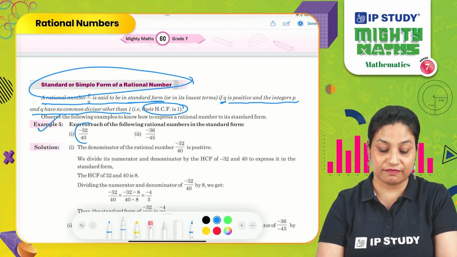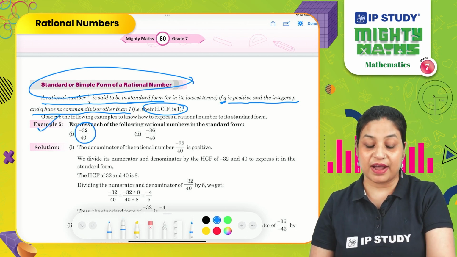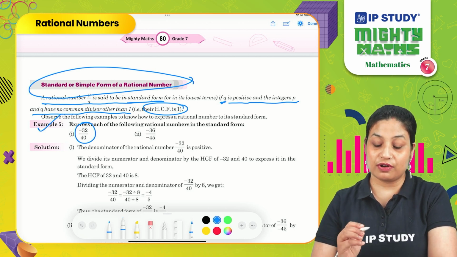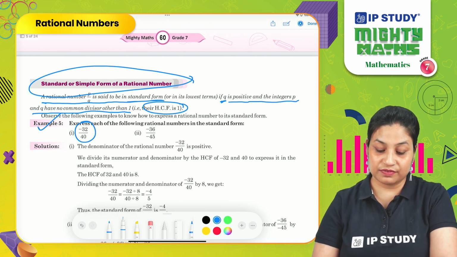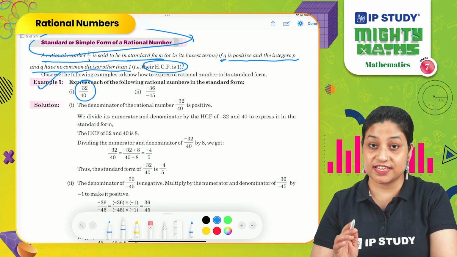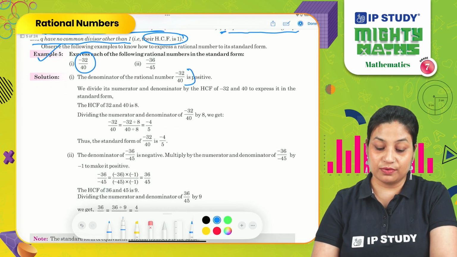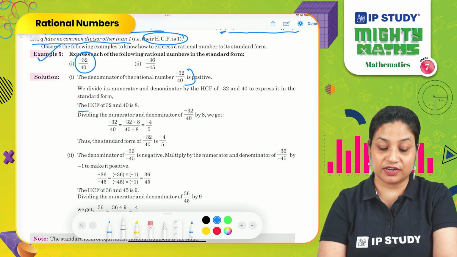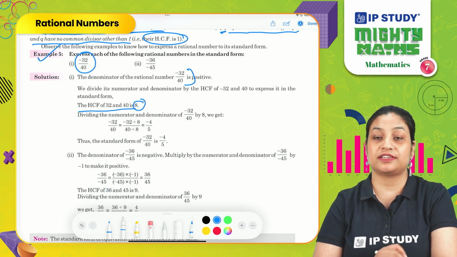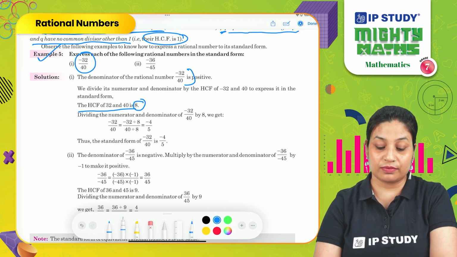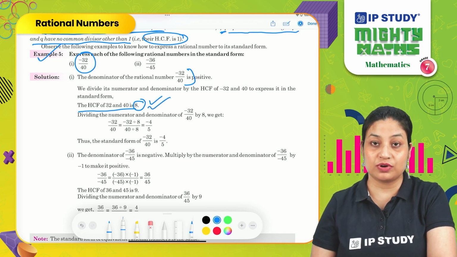Let's take part 1. So we have minus 32 by 40, right? So here, first of all, we have to find out the HCF of 32 and 40. When you try to find out the HCF of 32 and 40, you will get 8, right? 8 is the HCF of 32 and 40. Now you have the HCF of these two numbers.